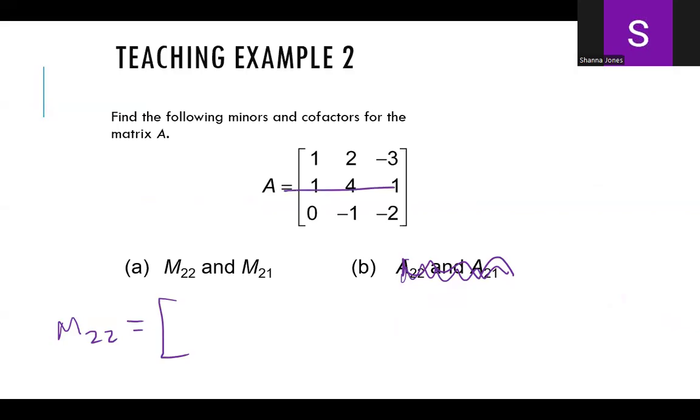Row 2. So when I cross out row 2 and column 2, what am I left with? Could you find the determinant of this now? And what would be its determinant? There you go.